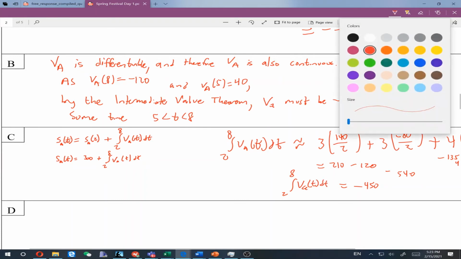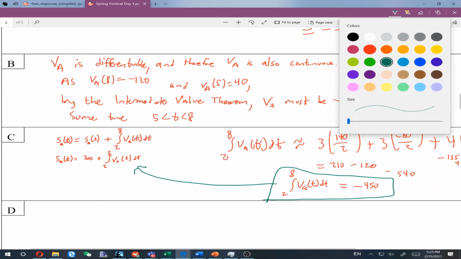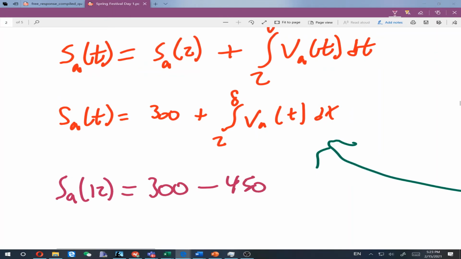So if I take this and substitute, then our position at 12 should be equal to 300 minus 450, or negative 150.